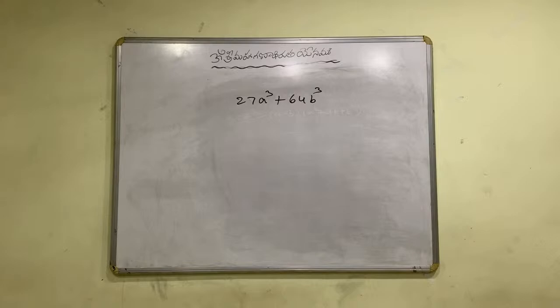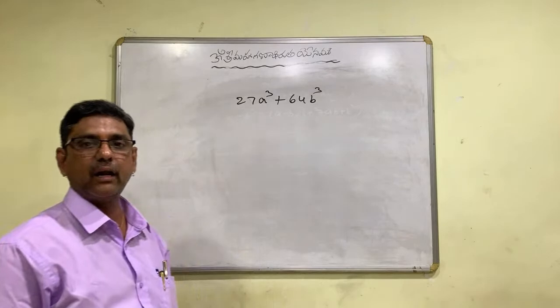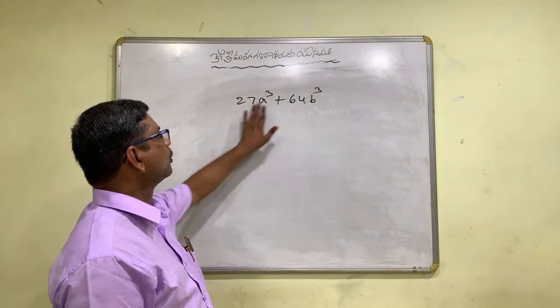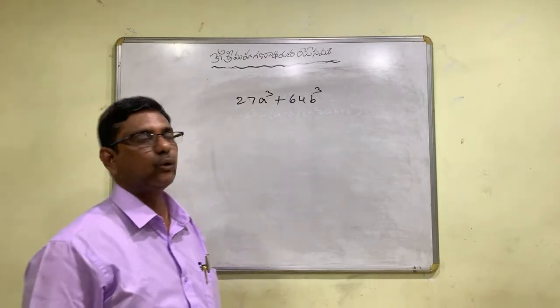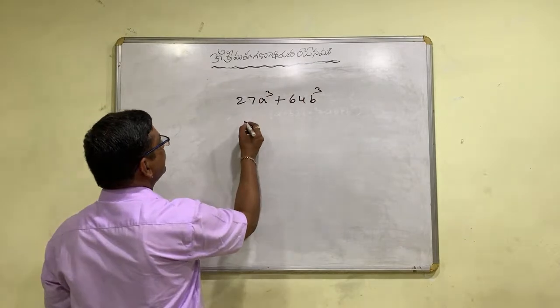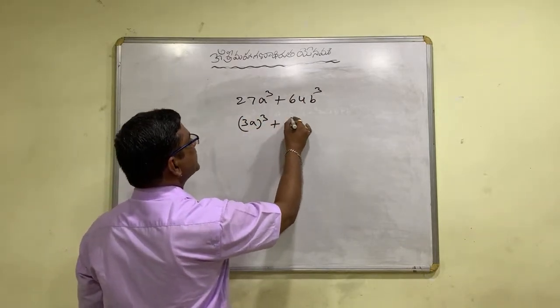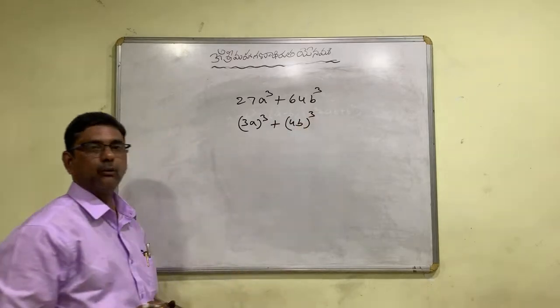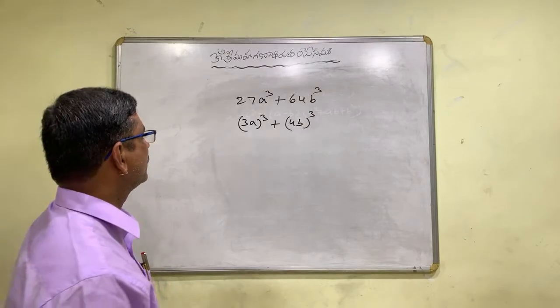If you see, this is a binomial containing two perfect cubes. So I can write this one as 3a whole cube and this one as 4b whole cube: 3a whole cube plus 4b whole cube.